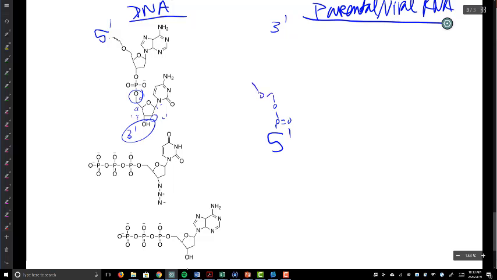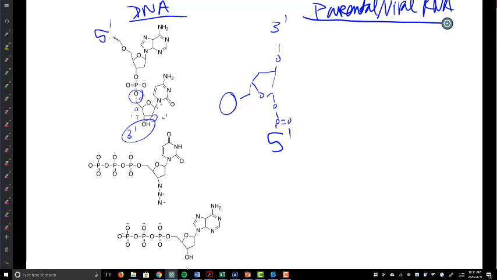I'm sorry, I'm butchering drawing a pentagon. Going down there, we would have the linkage coming off of the complementary base, and then the OH to the next one, and so on and so forth. So that's how you would start to draw in that complementary strand: you're literally going to flip the ribose upside down, but you can imagine the DNA base freely rotating around its glycosidic bond, so you could draw it both ways.